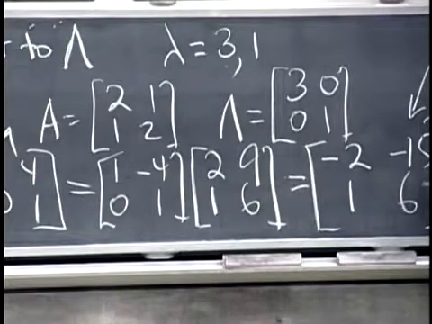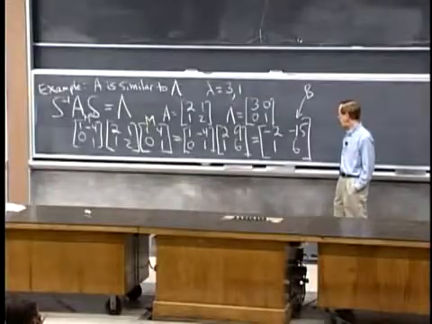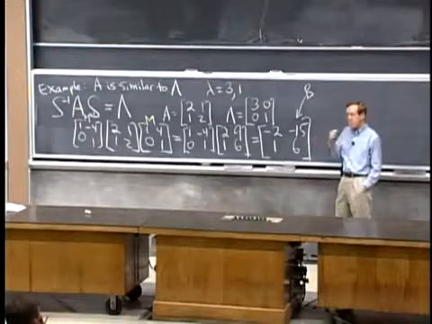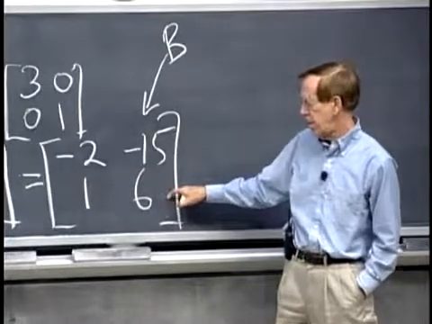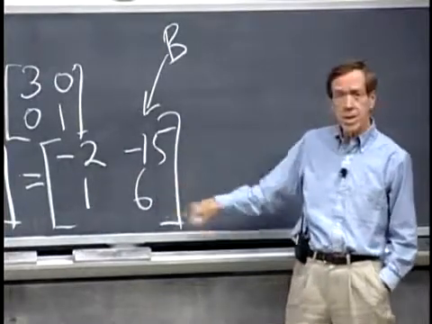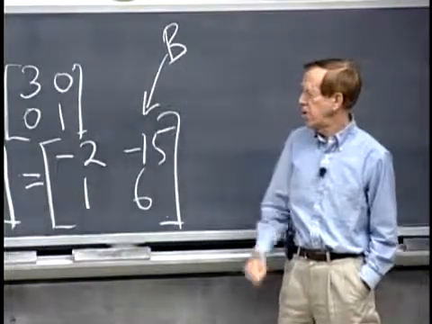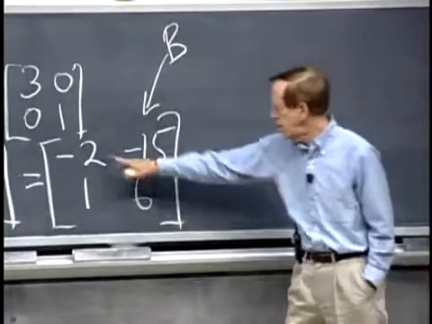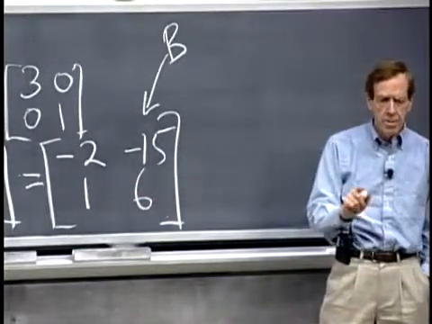Now, I am hoping that the eigenvalues of this thing are 3 and 1. May I process the trace and the determinant for that one? What's the trace here? The trace of this matrix is 4, minus 2 and 6, and that's what it should be. What's the determinant? Minus 12 plus 15 is 3. The determinant is 3.